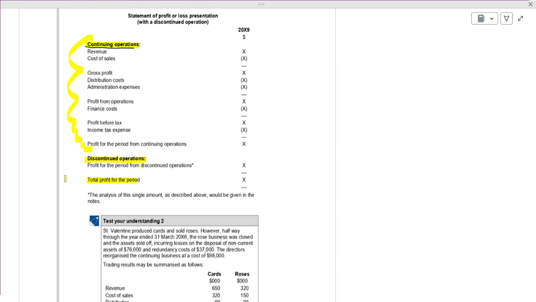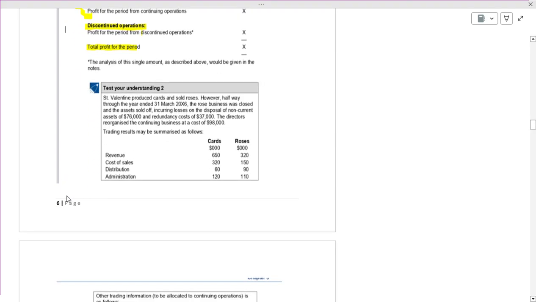Fine. Now see what they are asking us. Question: test your understanding. Saint Valentine produced cards and sold roses. However, halfway through the year, that is after 6 months, the rose business was closed.